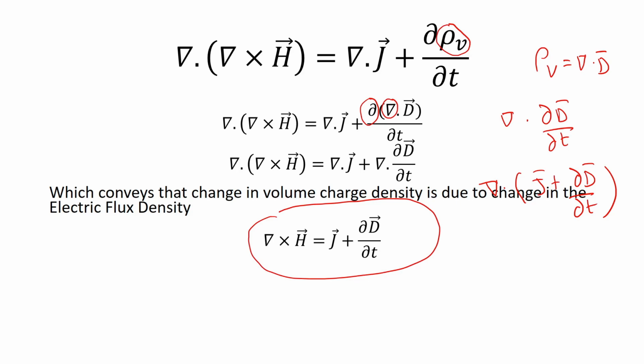So this is the modified Maxwell's equation, or I can also say this is the modified Ampere's circuit law for time varying fields.